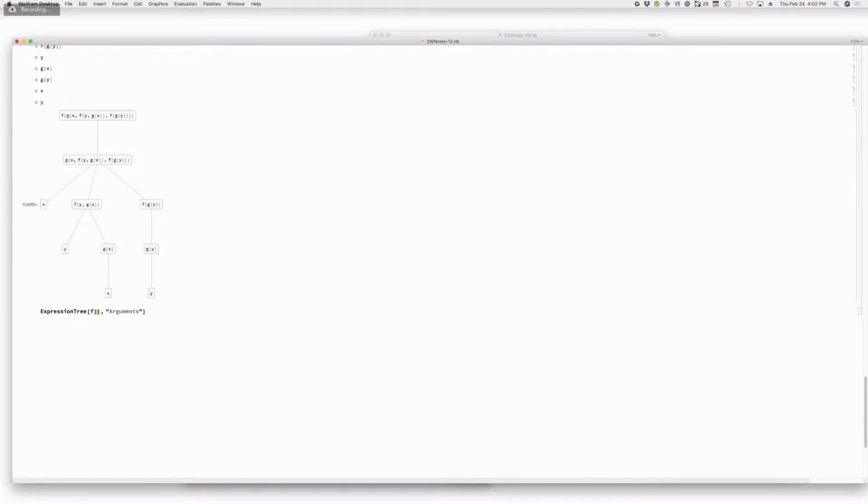If I just say f of 5 minus 1 plus f of 5 minus 2, and then that whole thing plus f of 6 minus 1 plus f of 6 minus 2, and then I want to inactivate this. No, just wrap the whole thing in Unevaluated. Couldn't I say Inactivate? You're not going to be happy with the answer you get.